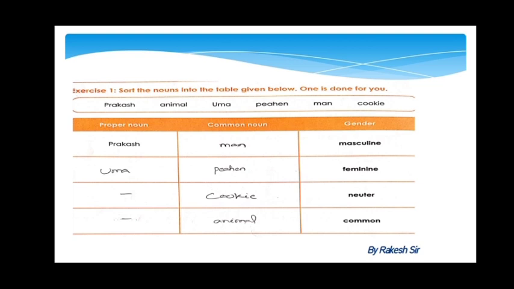Here 3 columns are given: one is proper noun, the second is common noun, and the third is gender. Gender is already given, so you have to find out the proper noun and the common noun. Here one is already given to you, Prakash.